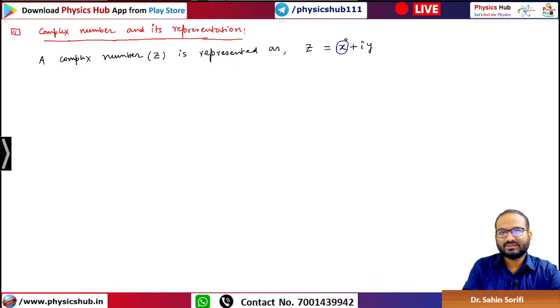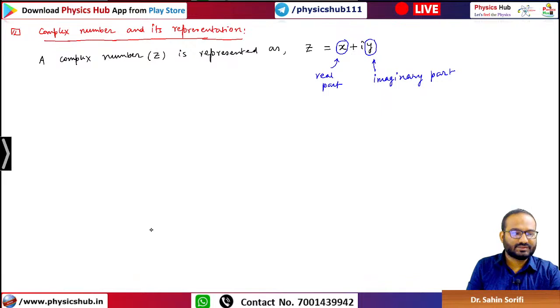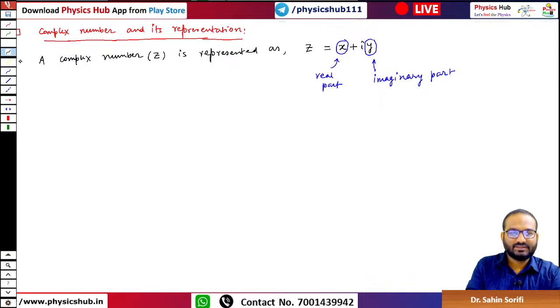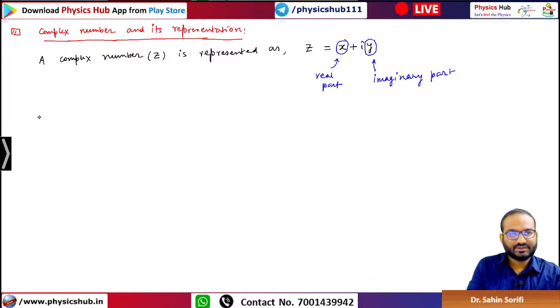One is this x, another one is i times y. So this x is the real part of the complex number, and this y is the imaginary part of the complex number.